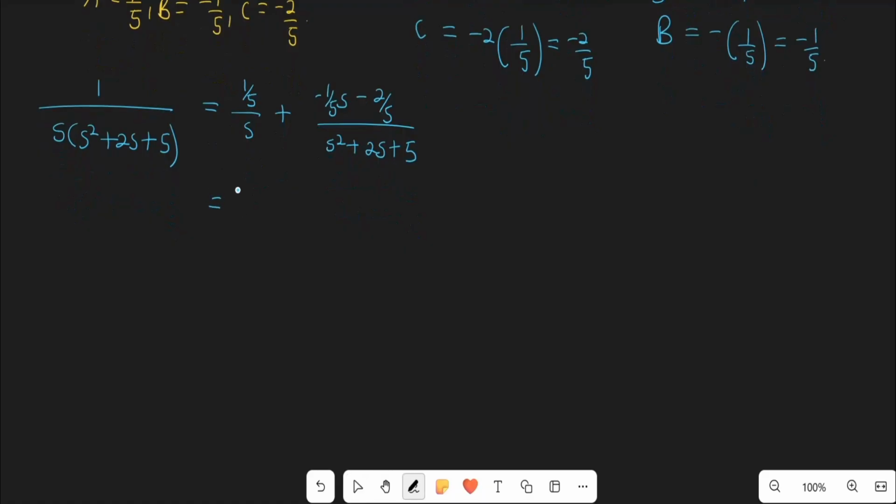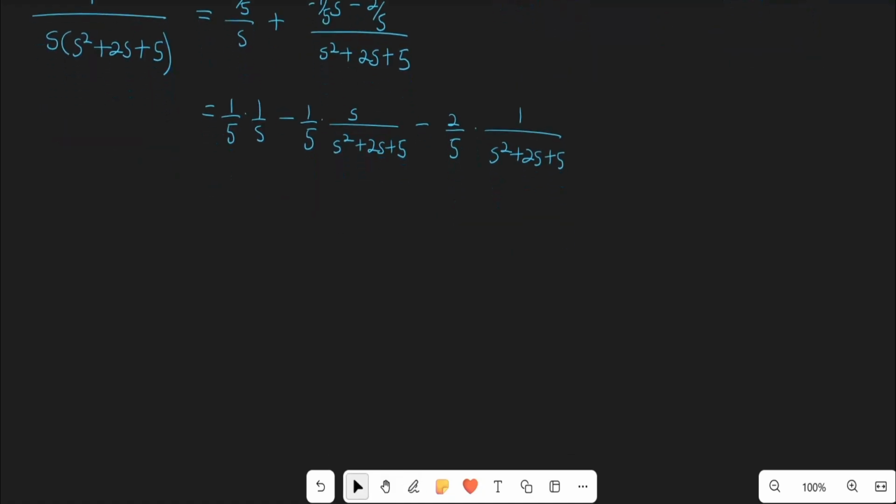So 1 over 5 over s is like 1 over 5 multiplied by 1 over s. Cool. And now this one, we can just do this. So minus 1 over 5 multiplied by s all over s squared plus 2s plus 5, like this, minus 2 over 5, and then we multiply by 1 all over s squared plus 2s plus 5, like this.